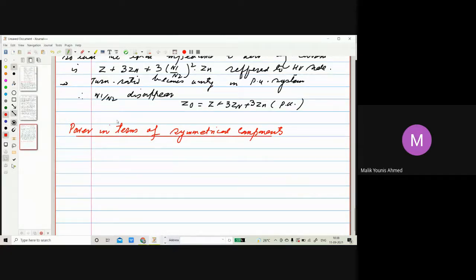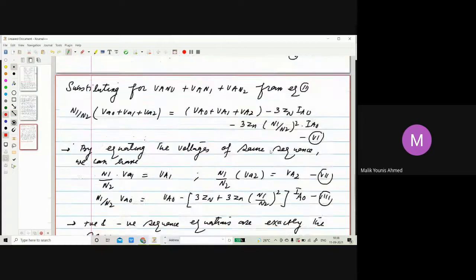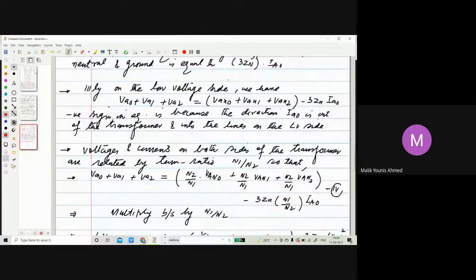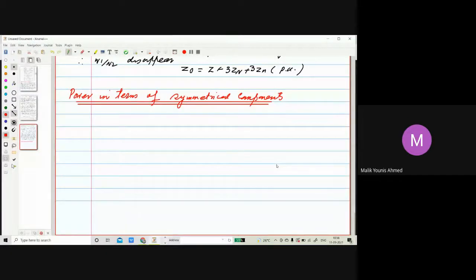Transformer will continue with these combinations, five or six combinations will be there. Let me look at how many combinations there are. Yeah, six combinations in total. So we'll look into how we can draw the zero sequence network. But the basics are the same, this is the procedure for how we have to evaluate it. Simple procedure. Okay, so next, we'll be talking about power in terms of symmetrical components.